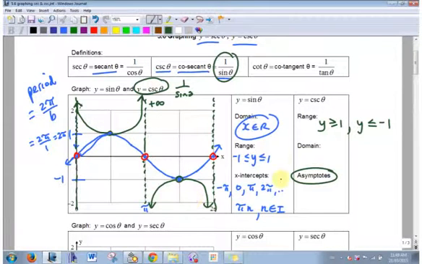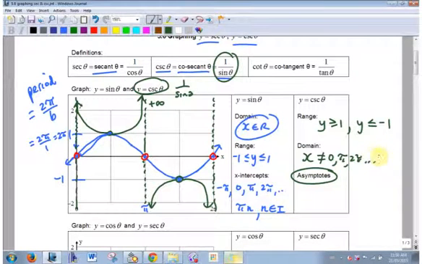So how do I say everything except 0, or except pi, or except 2 pi? I'm not going to say what it is, I'm going to say what it isn't. It's not equal to 0, pi, 2 pi, so on and so on. Have we seen this before?